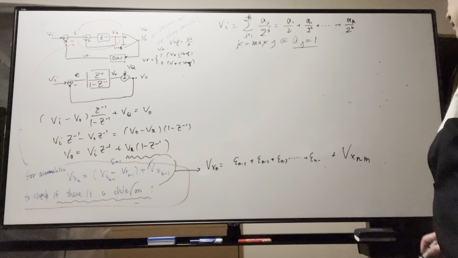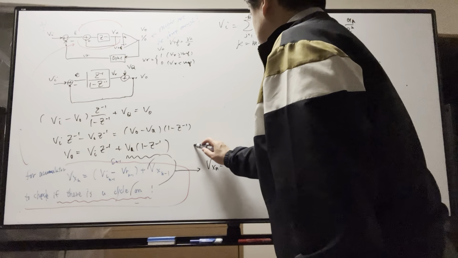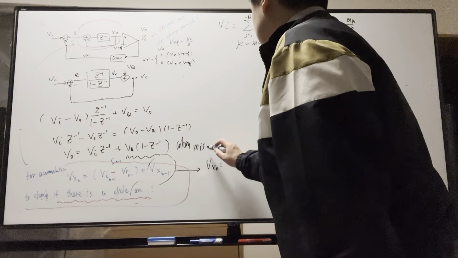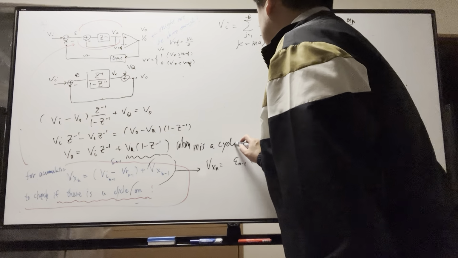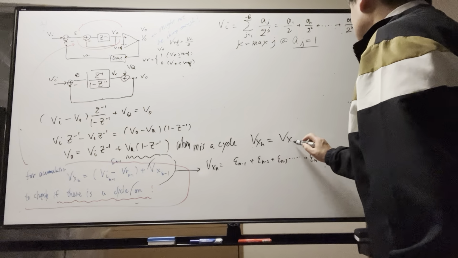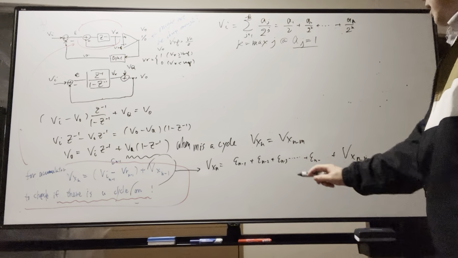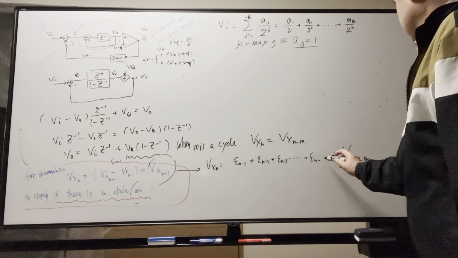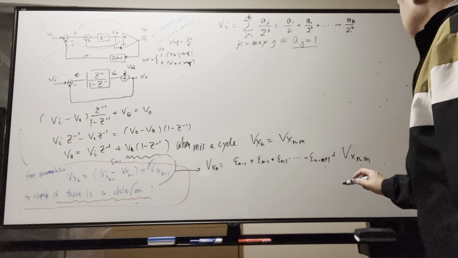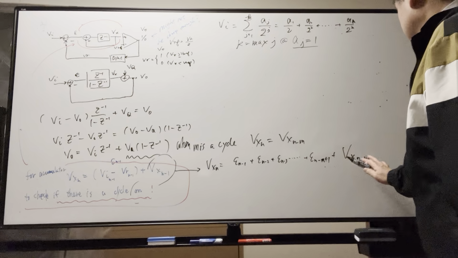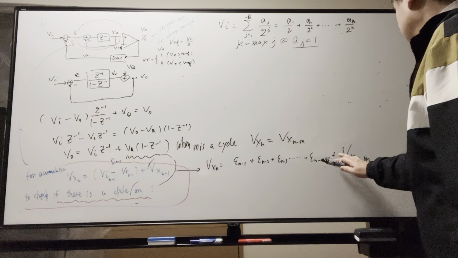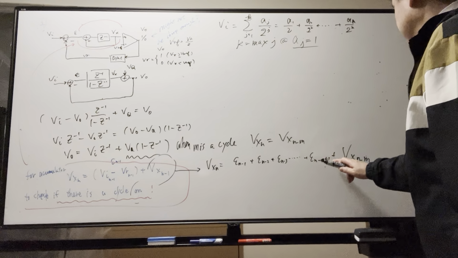For m cycles, where m is a cycle of this system, Vx sub n equals Vx sub n minus m, m steps before.